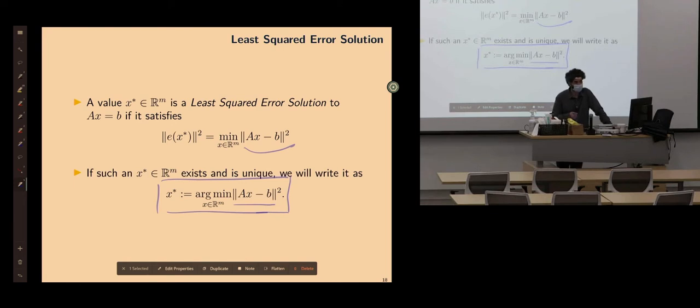When we say argmin, we mean the argument of that, the variable that we want to solve for, x. So that's the difference between writing min and argmin. This is a standard terminology and way of writing problems like this. Okay? So is everybody clear on the difference between min and argmin?